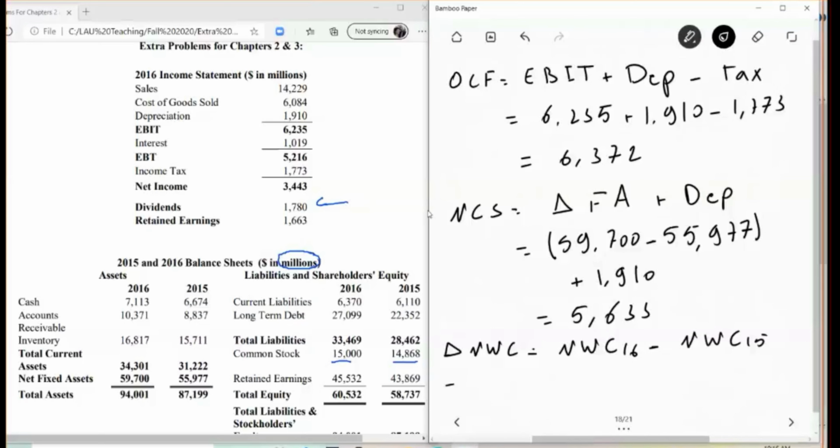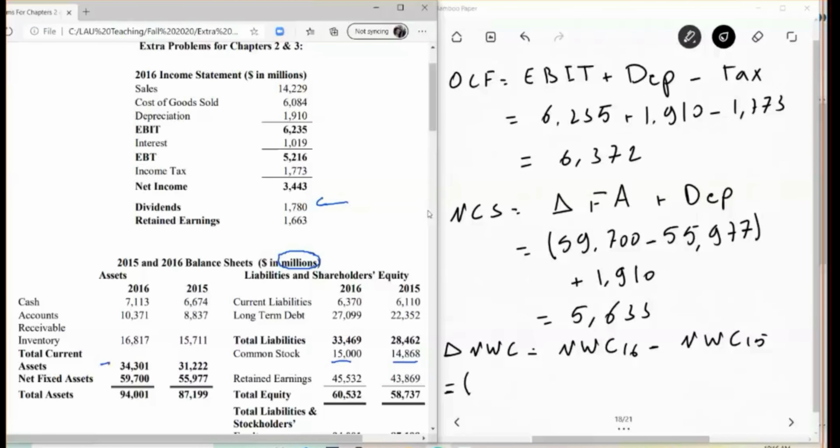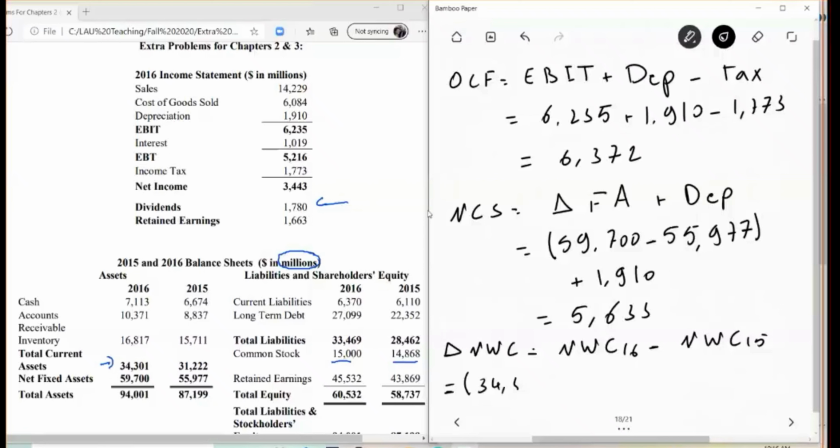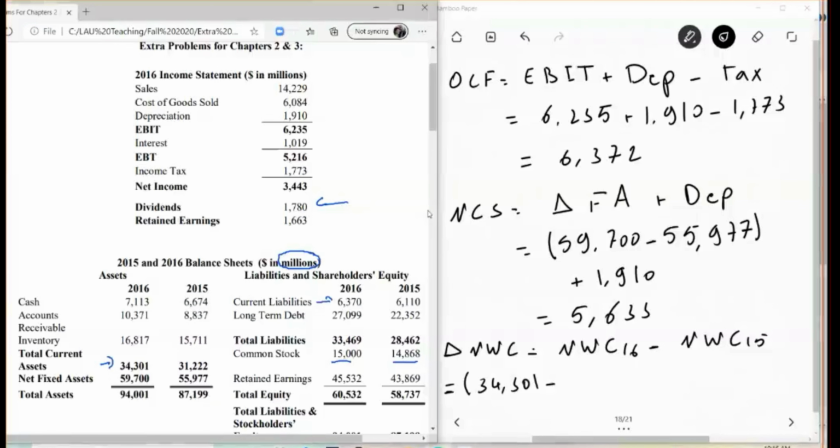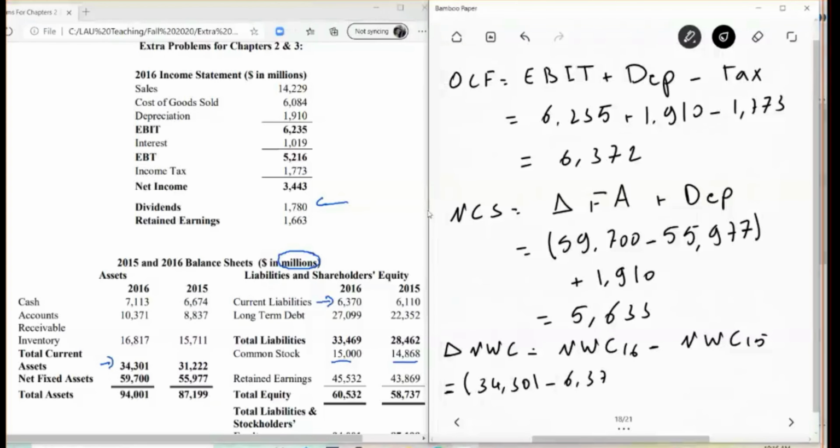The net working capital in year 2016: current assets in year 2016, I have here 34,301 minus current liabilities in the same year, 6,370.